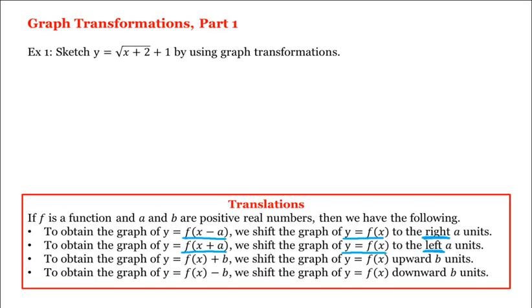To obtain the graph of f of x plus b, we shift the graph of f up b units. And to obtain the graph of y equals f of x minus b, we shift the graph of f down b units.